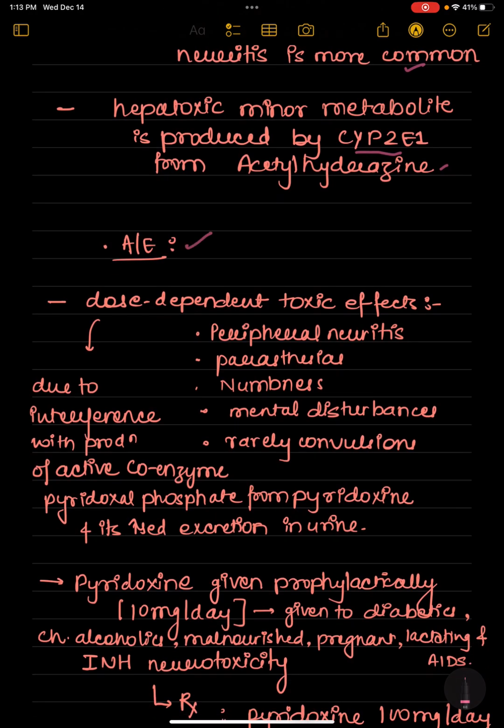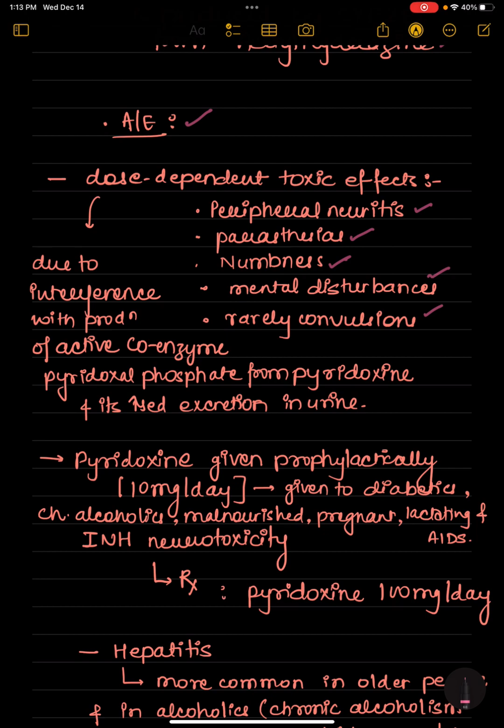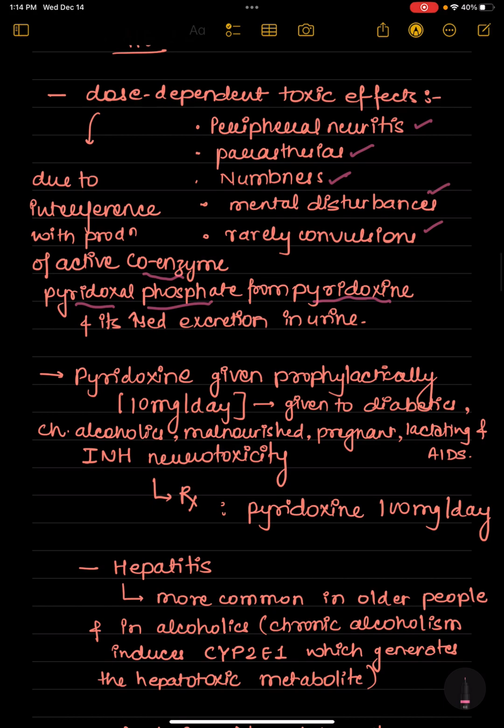What are the adverse effects? There are dose dependent toxic effects like peripheral neuritis, paresthesia, numbness, mental disturbances, and rarely convulsions. These dose dependent toxic effects are due to interference with production of active coenzyme pyridoxal phosphate from pyridoxine and its increased excretion in urine.